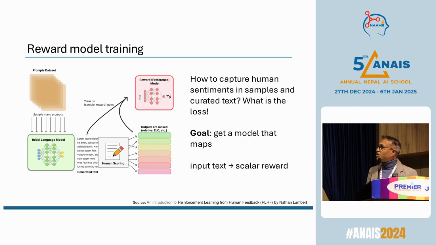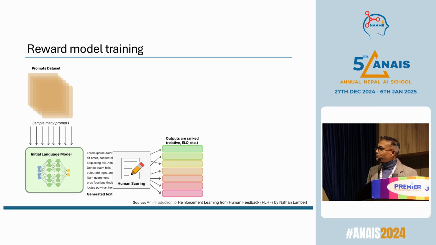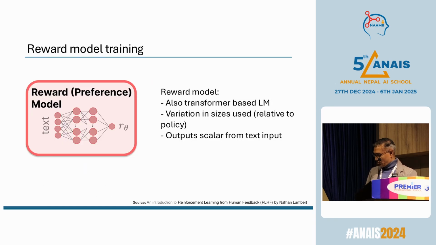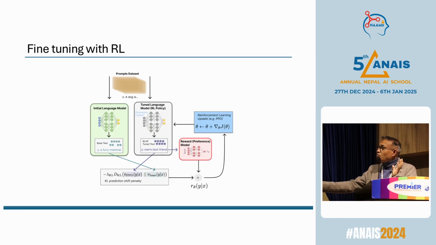Okay, so this reward model is based on the transformer, of course. It's a deep learning model, and we have variations in sizes relative to policies. This text is the input, and this reward is the output. If this reward model is well trained, then we include it in the system to fine-tune ChatGPT.